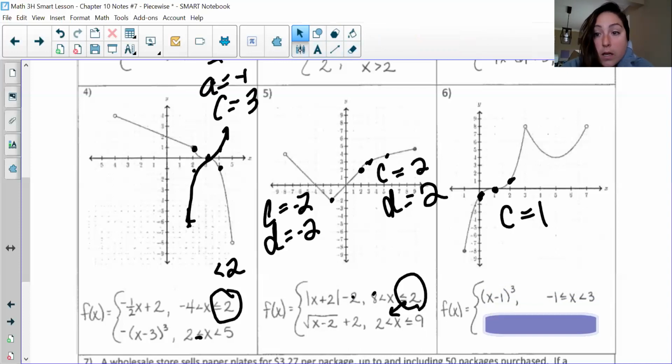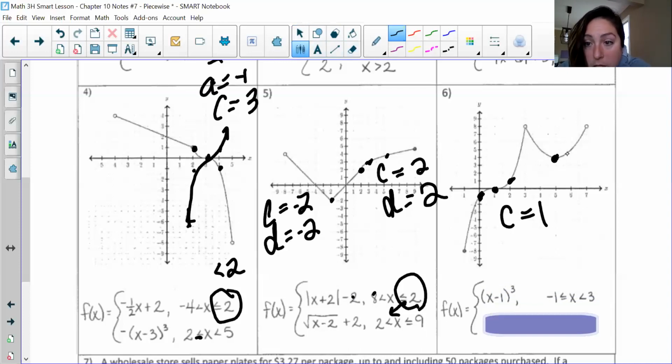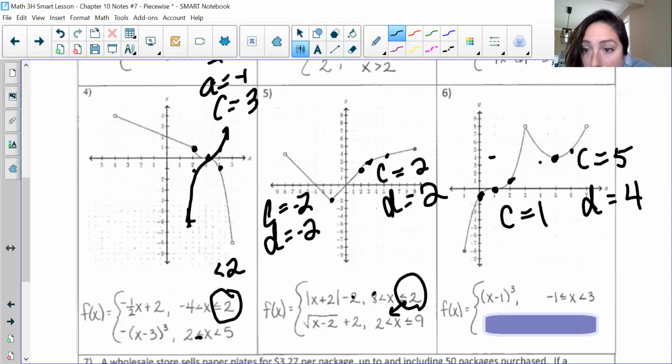And then for the quadratic, our vertex got shifted to the right 5 and up 4. And let's see, it's still, yeah, that's 4. So our pattern is still up 1, right 1, up 1, 2, 3, right 1.